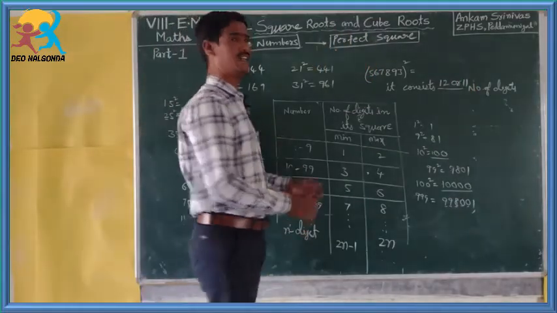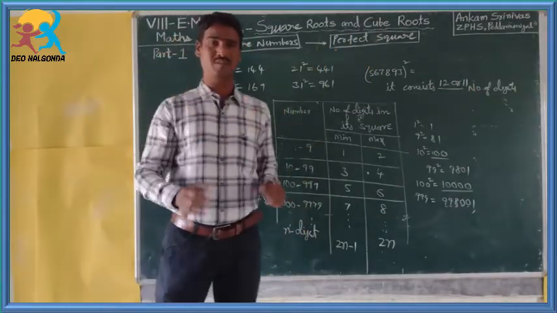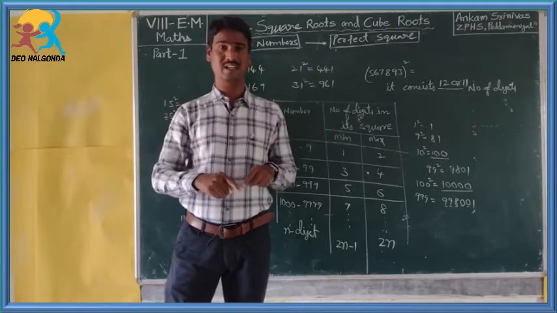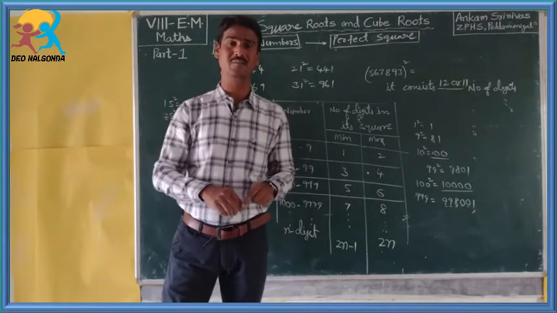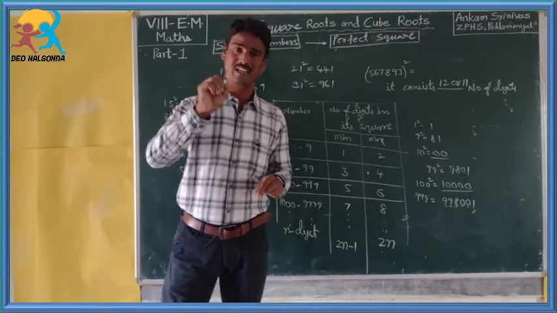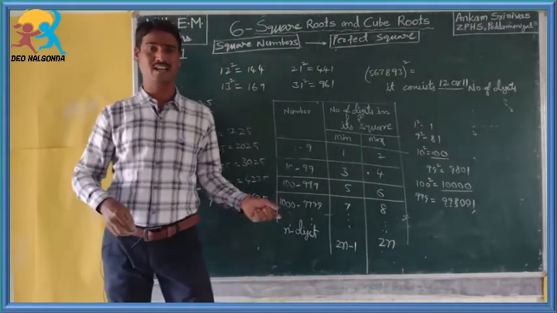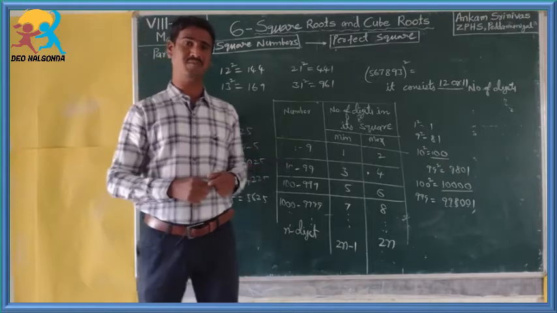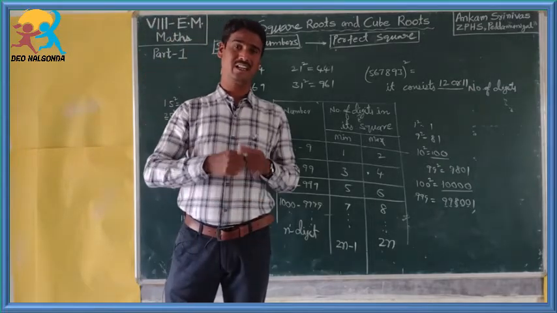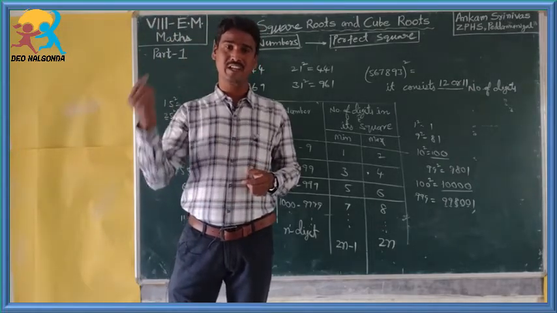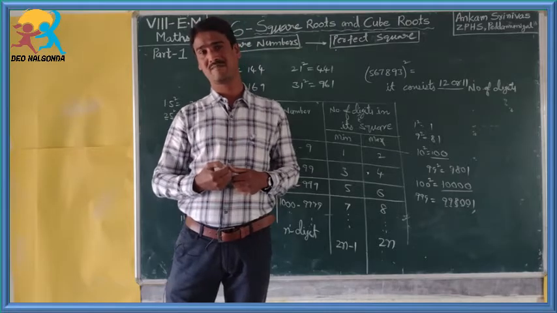Suppose I take a 20 digit number, the square of a 20 digit number contains 40 digits or 39 digits. If I take the square of a 10 digit number, it consists of 20 digits or 19 digits.